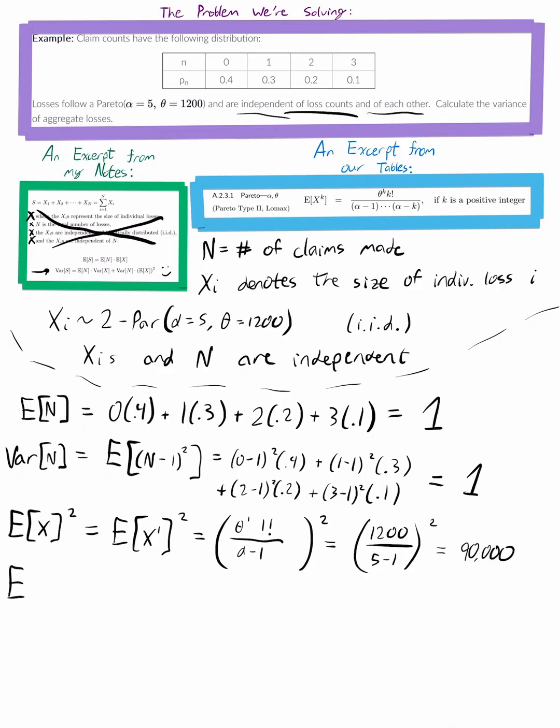Now we need the second raw moment of X, which we'll later use to calculate the variance, which gives us this last piece. The second raw moment is given as theta to the second times 2 factorial over alpha minus 1 times alpha minus 2. In our case, that's 1200 squared times 2 over 5 minus 1 times 5 minus 2, which comes out to 240,000.